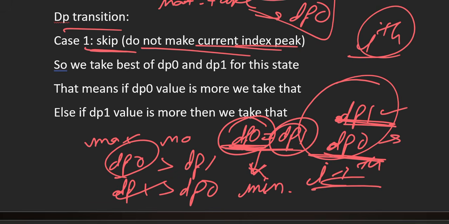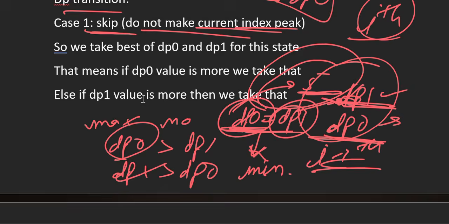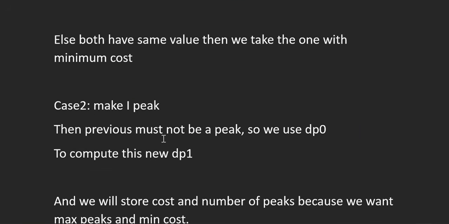So suppose we are making DP0 by 5 operations and DP1 by 6 operations, so we take DP0, because we want the minimum number of operations. So in case 1 where we are skipping, we will be looking at these three different things.